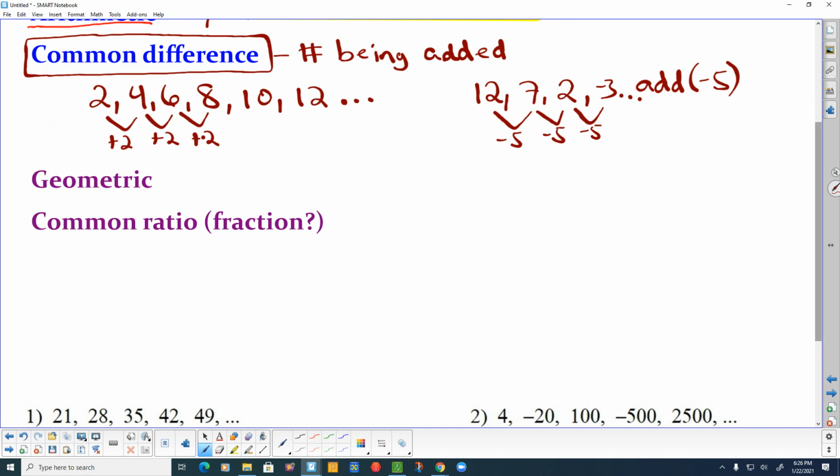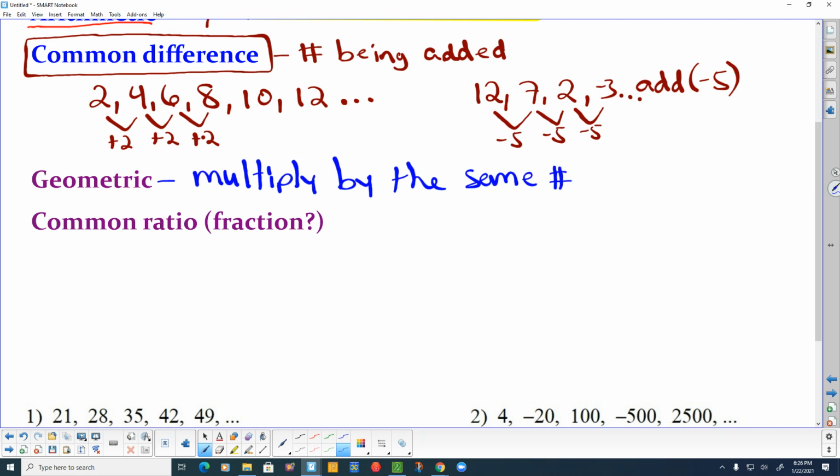So what about a geometric sequence? That's our next one. A geometric sequence is a sequence where you multiply by the same number each time.